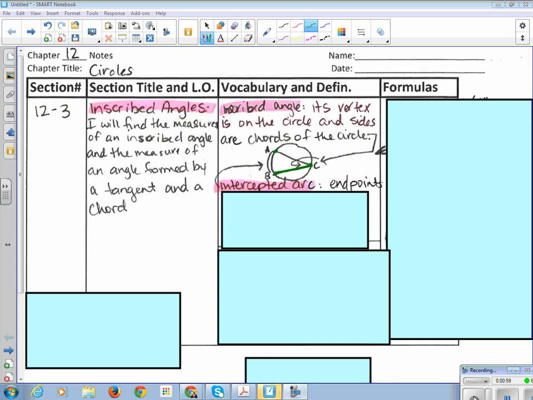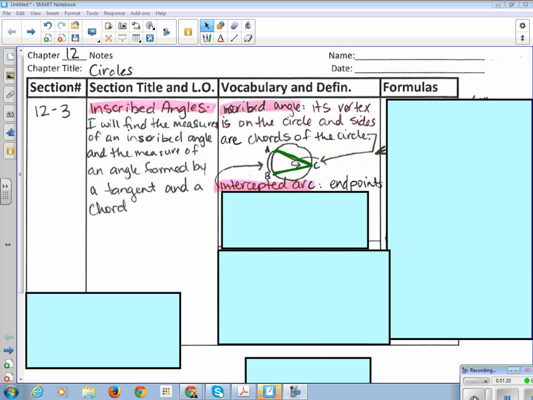So chord BC and chord AC make up the sides of your angle, and the vertex is on the circle. And I just wrote a little arrow here to show that we're talking about C.